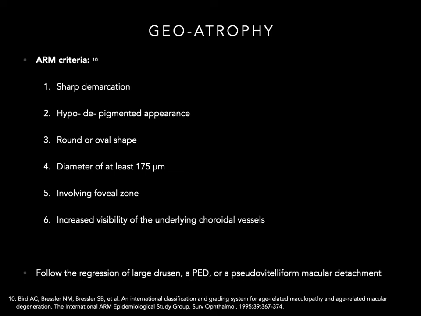GEO-ATROPHY, according to the ARM study group, is a sharply demarcated, rounded or oval-shaped area of at least 175 microns involving the foveal zone. It can be hypo or depigmented with readily visible underlying choroidal vessels. GEO-ATROPHY forms after regression of large-sized drusen, pigment epithelial detachment, or pseudo-vitelliform macular detachment.